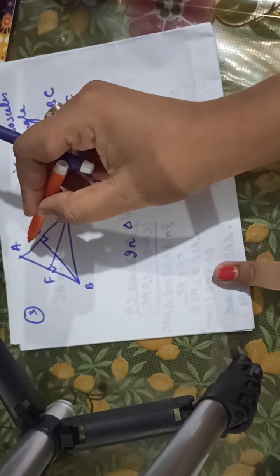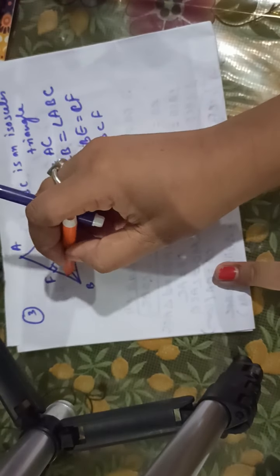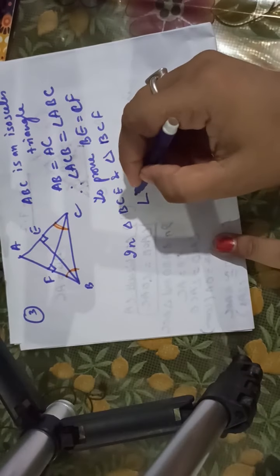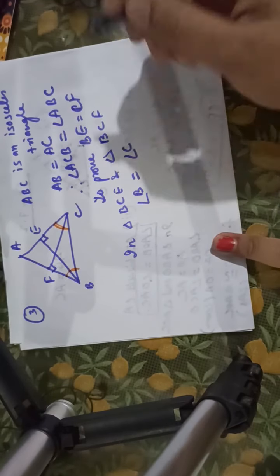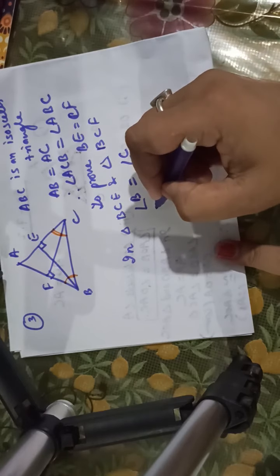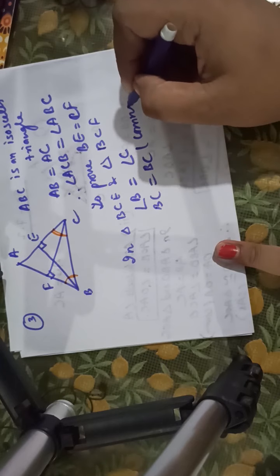Now, the first angle, which one will it be? As we all know, this angle and this angle are equal, isn't it? So we can simply write that for this triangle, angle B will be equal to angle C. Okay, then BC is equal to BC, which is the common side.